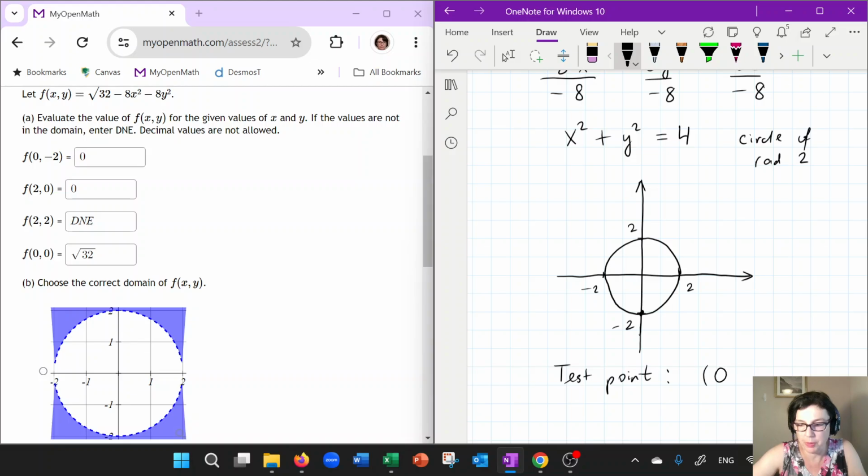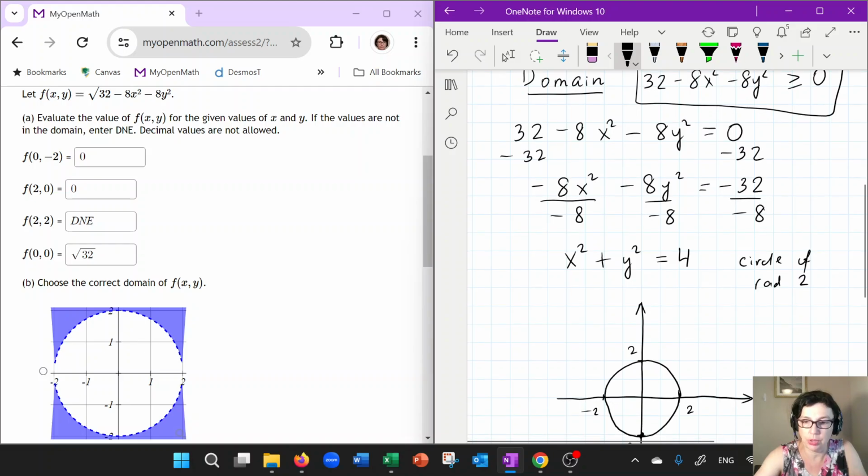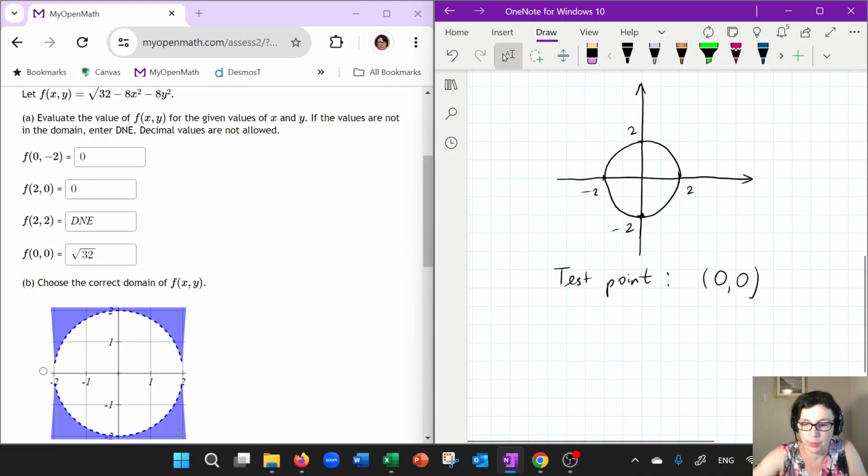I am going to pick (0, 0). Then you go to your inequality and insert x equals 0 and y equals 0 for x and y. So we will get 32 minus 0, and that should be greater than or equal to 0.